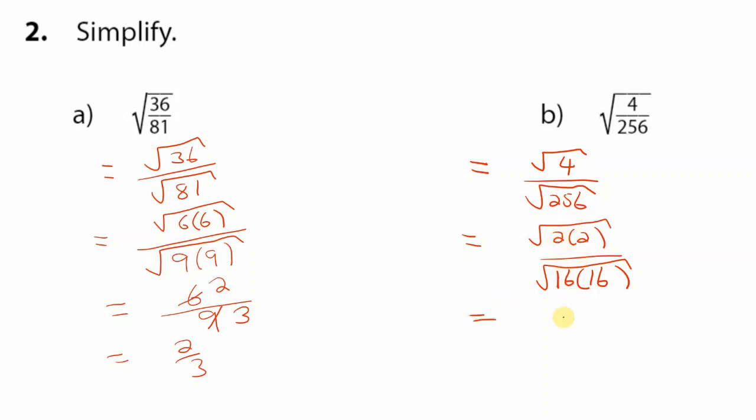So now we can keep one of the 2's, we can keep one of the 16's. This is not in simplest form. 2 can go into itself once, 2 can go into 16 8 times. So we end up with 1/8.